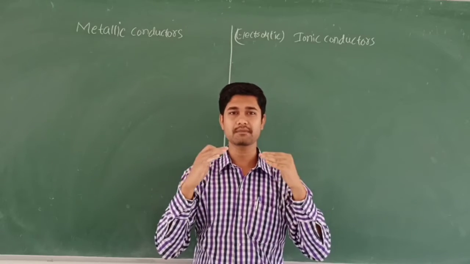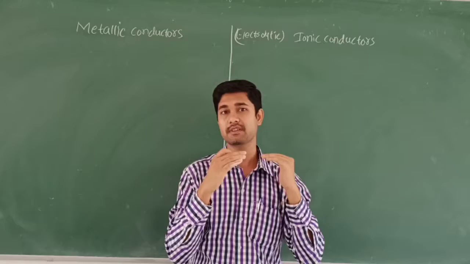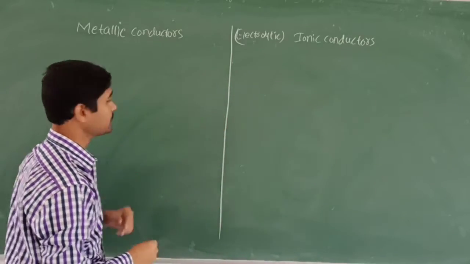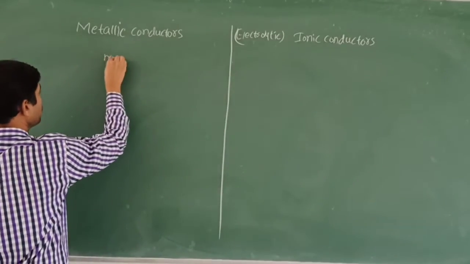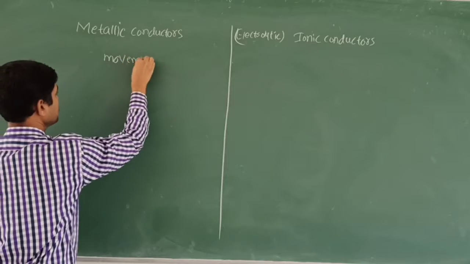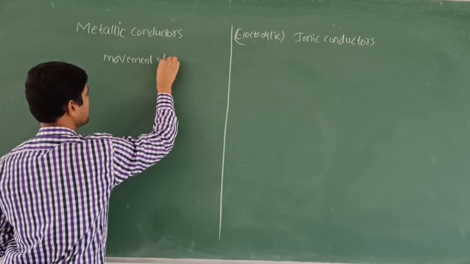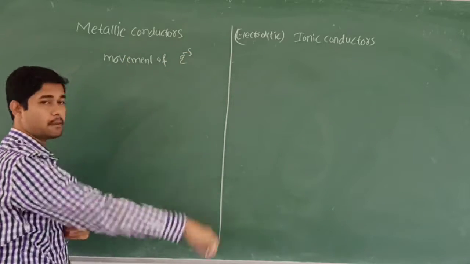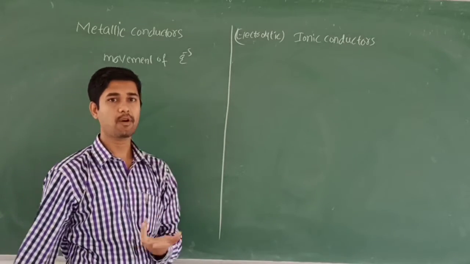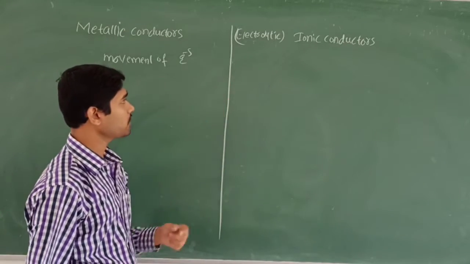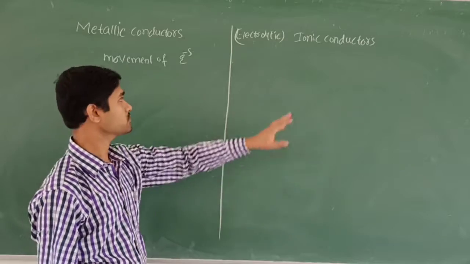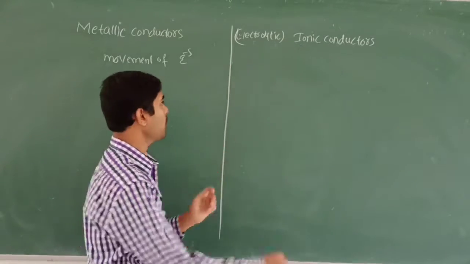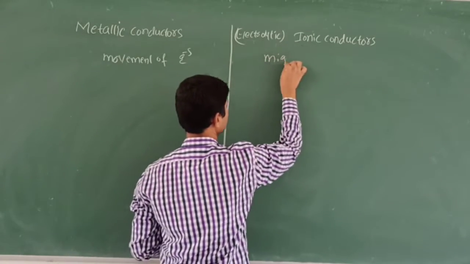So the movement of electrons takes place in metallic conductors. An example is the copper wire. Next, ionic or electrolytic conductors: as the name indicates, ions. That is the migration of the ions.